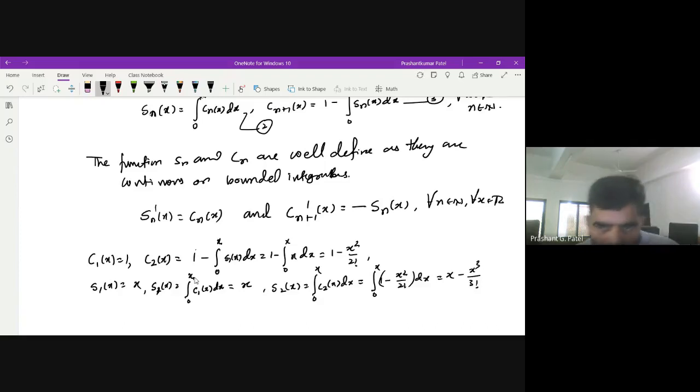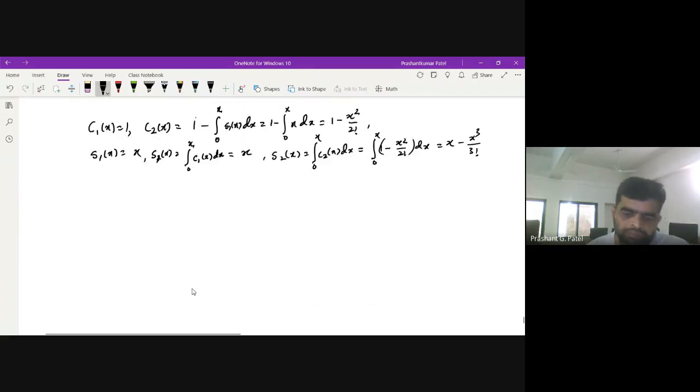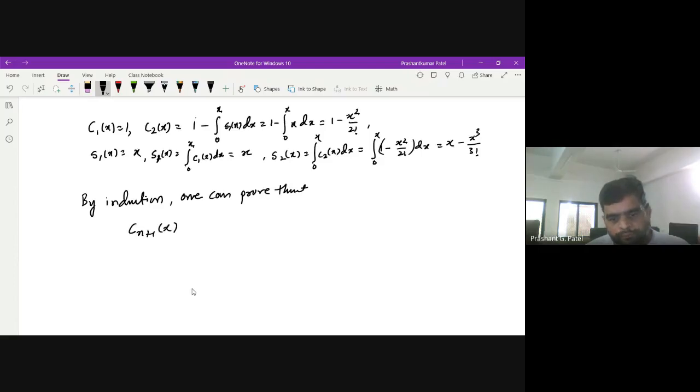And if you go further, by induction, one can easily prove that C_{n+1}(x) is 1 minus x square by 2 factorial plus x raised to 4 by 4 factorial, up to so on, plus minus 1 raised to n, x raised to 2n upon 2n factorial.